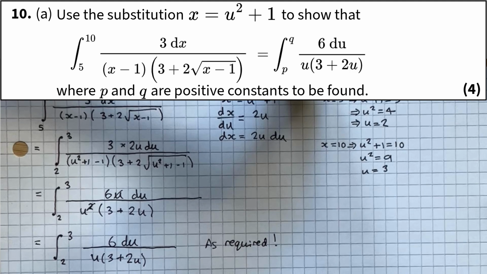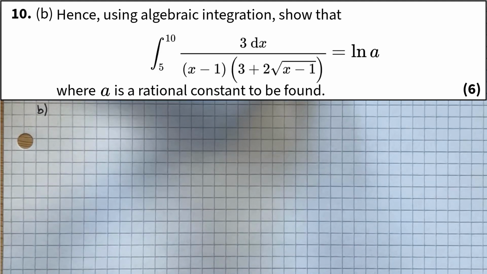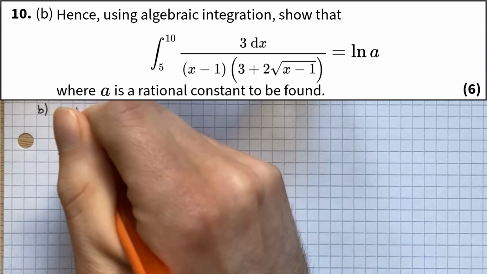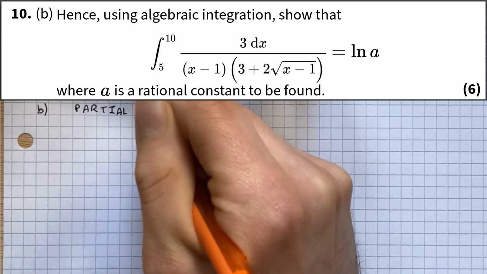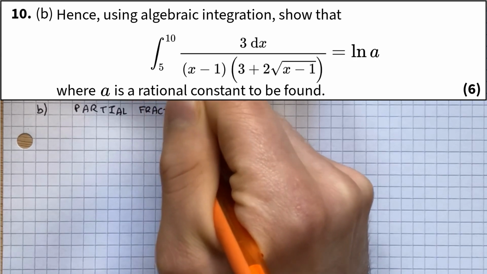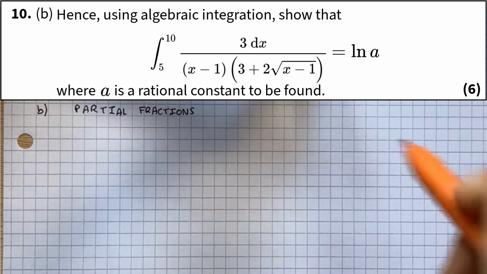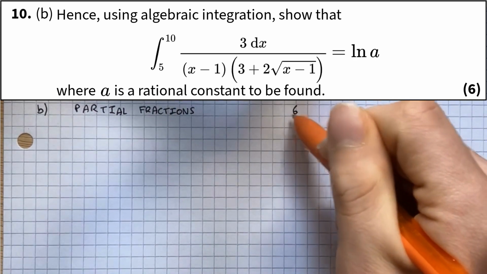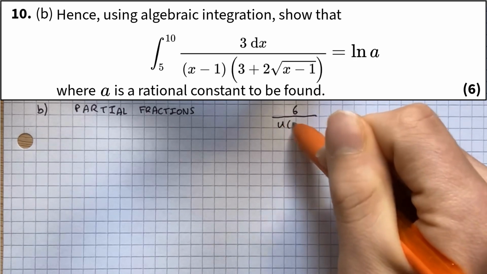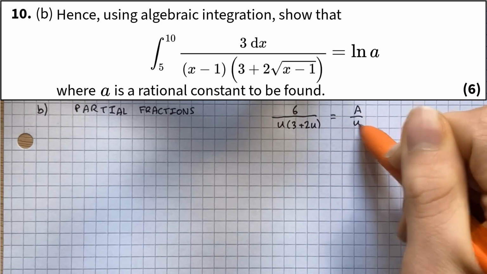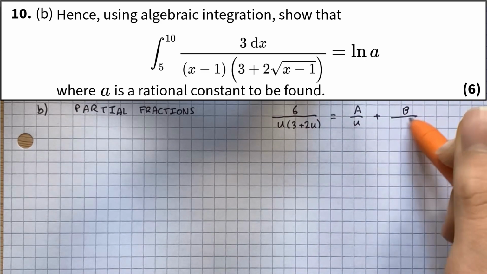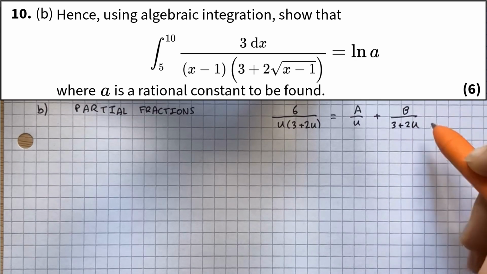We're not done there. There is more fun to be had. Now we need to find the actual value of the integral in terms of ln. If you don't know already, you have to be thinking partial fractions when you see 1 over u times (3 plus 2u). Partial fractions put it into the form a over u plus b over (3 plus 2u).